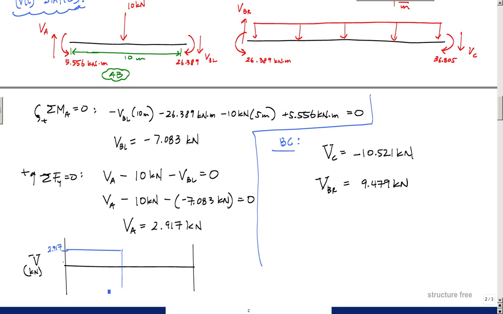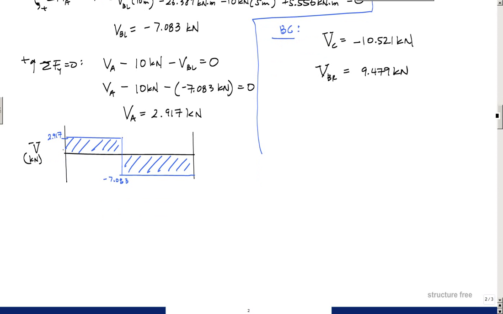Yay. Okay, and then bam, there's my shear diagram for member AB. And then I could draw the moment diagram here.